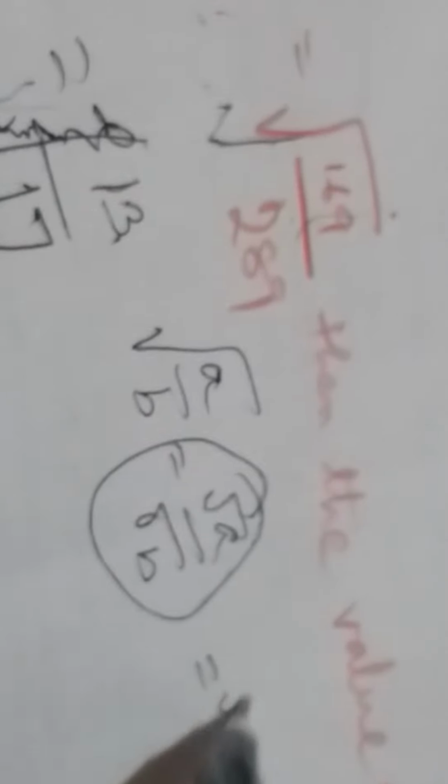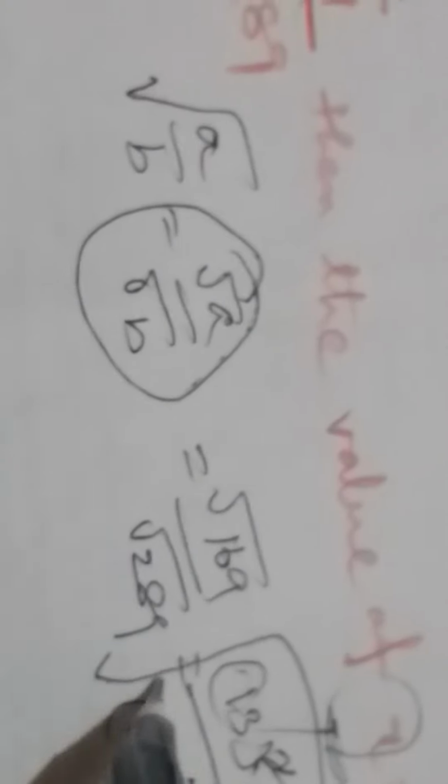By applying this, I got root 169 by root 289. Root 169 is 13 into 13, 13 square, and 17 square is 289. This root is cancelled, so the remaining term is 13 by 17. This is the internal part, so you write it directly here.